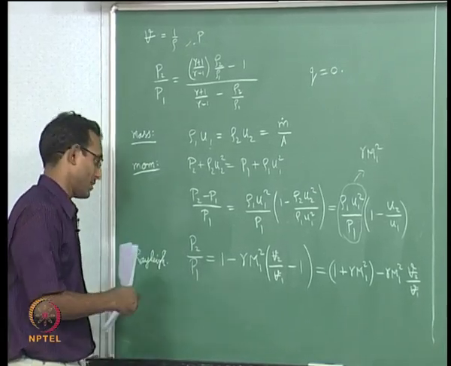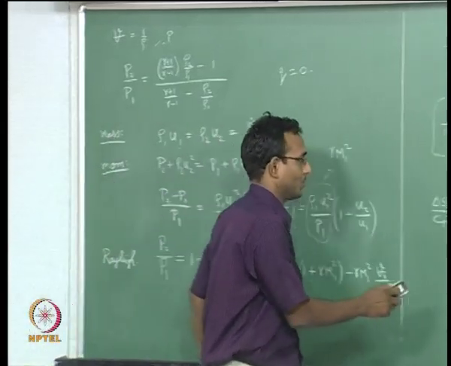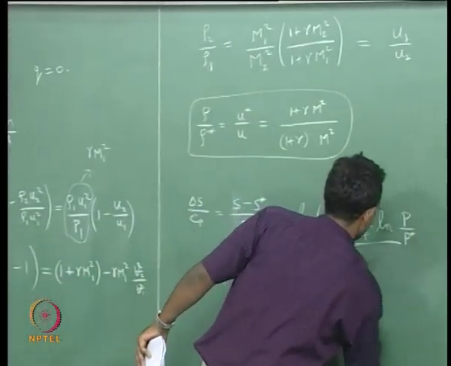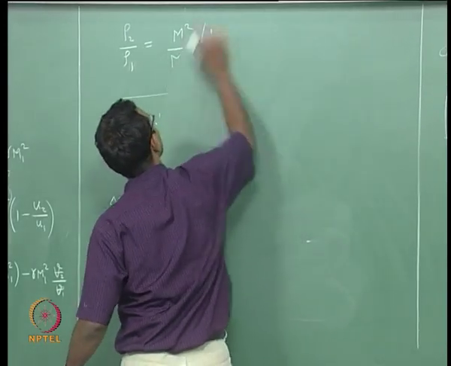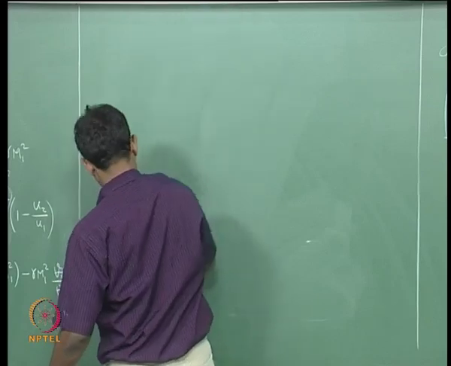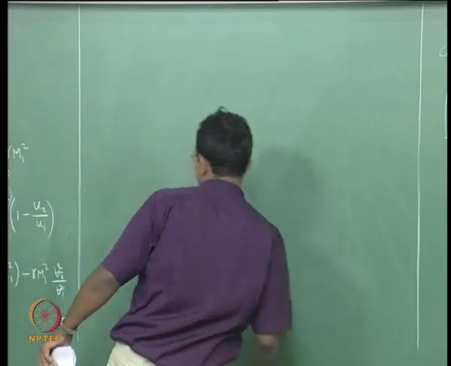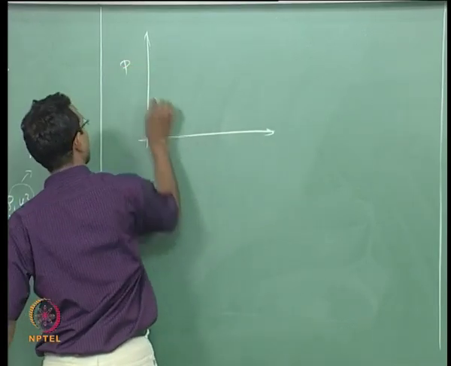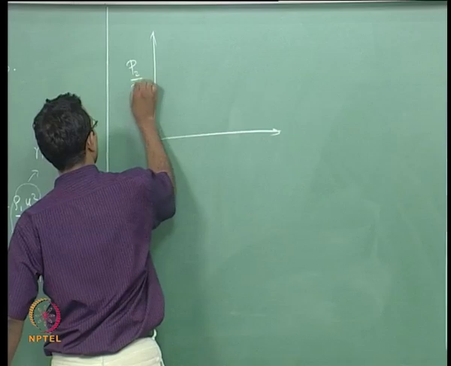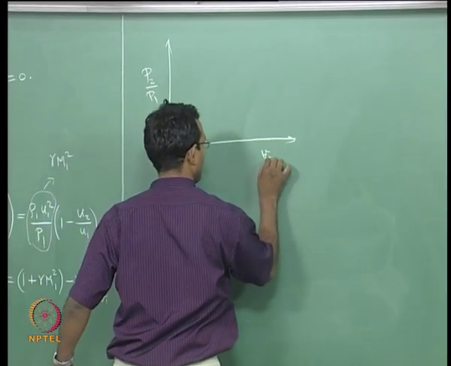Okay, if I draw a P2 and V2 curve. So if I draw my PV diagram, I will draw it as P2 by P1 and V2 by V1.